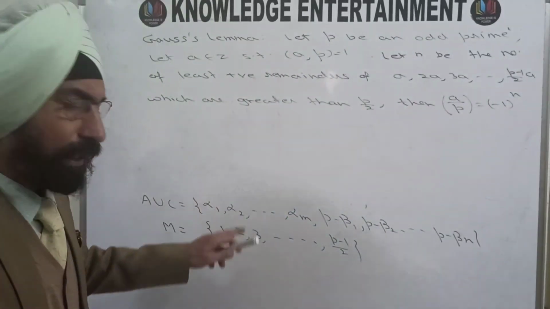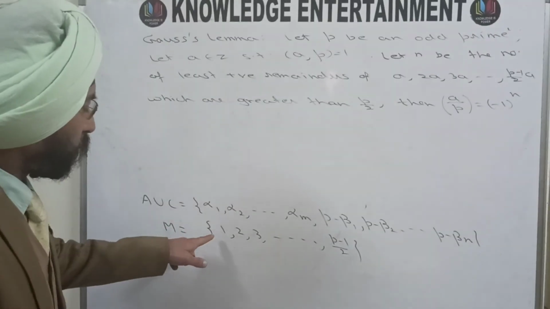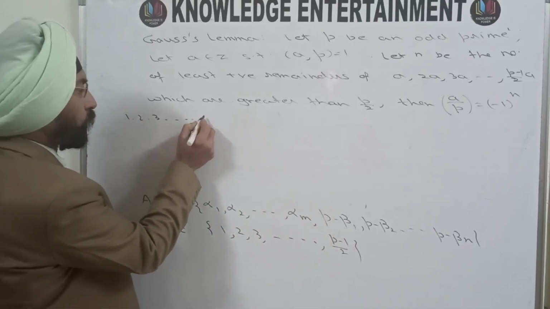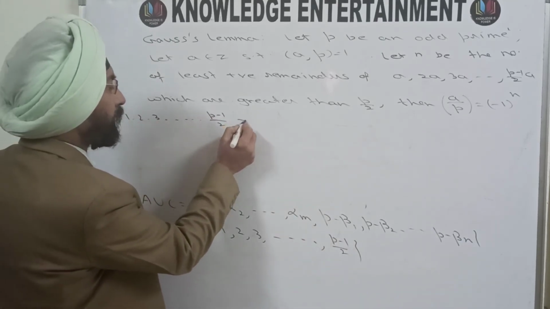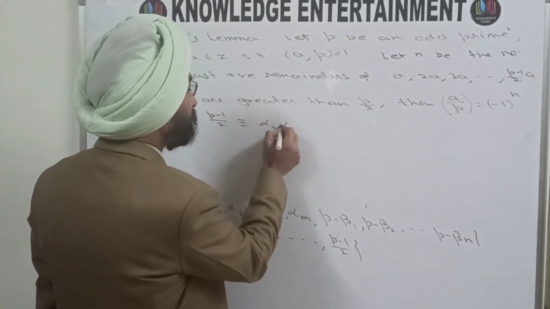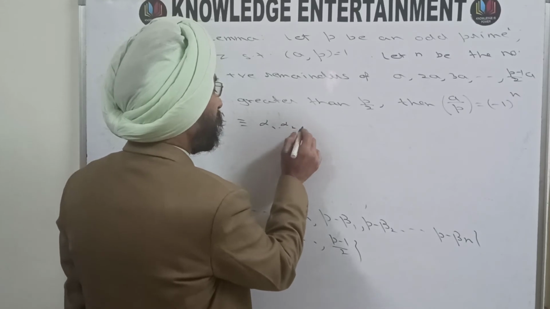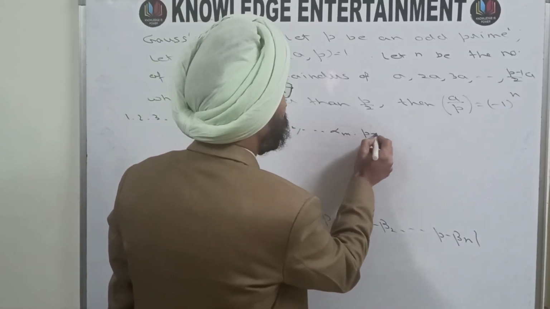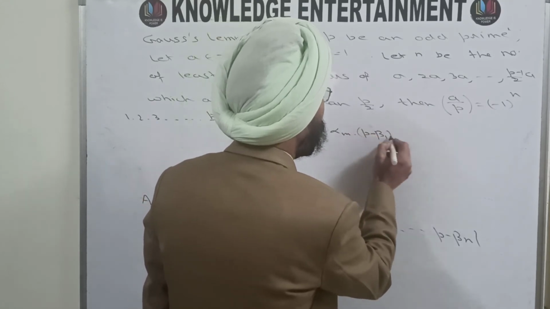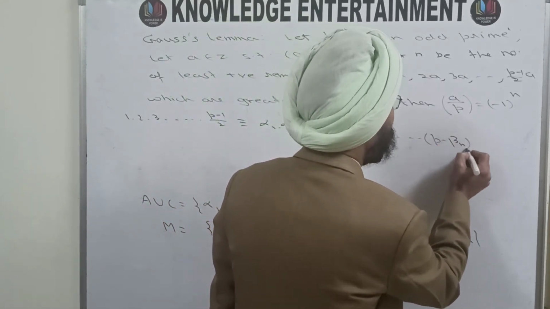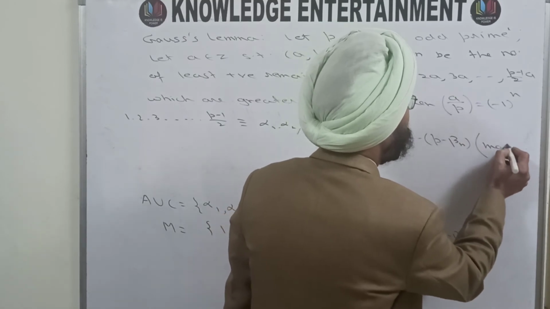Now their products are congruent to each other. So this product 1 into 2 into 3 into up to p minus 1 by 2 is congruent to the product alpha 1, alpha 2 and so on, alpha m, and then p minus beta 1 and so on, p minus beta n modulo p.